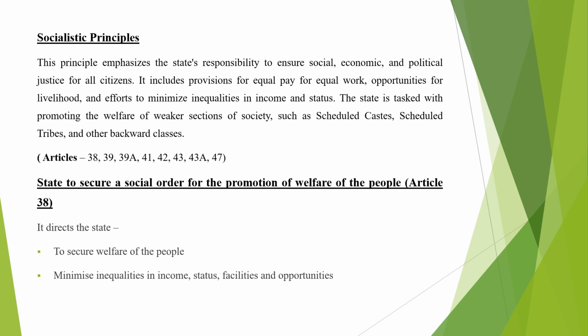Now, the second point is to minimize inequalities in income, status, facilities and opportunities. This means ensuring fair wages, equal access to resources and creating an environment where everyone has the chance to succeed. In essence, we can say that it's about building a society where no one is left behind.